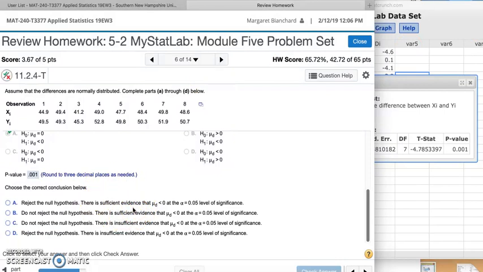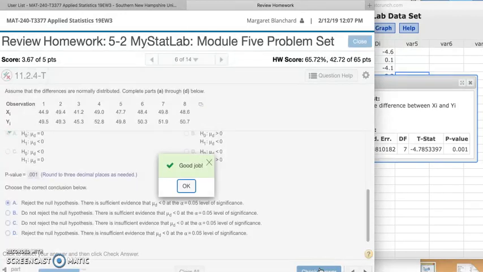Now, if we did not reject it, then we would say there's insufficient. But if we rejected the null hypothesis and then said there was insufficient evidence to support the alternative, that's basically no answer. If that just added confusion, let me know. I can explain that further, but I think that's pretty clear. So we know that the answer is A.